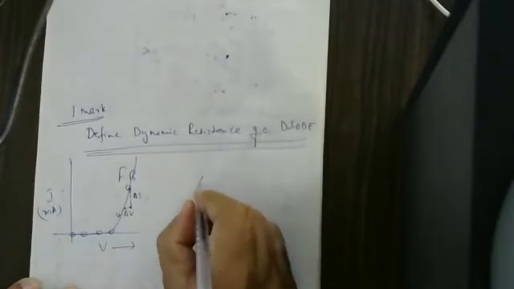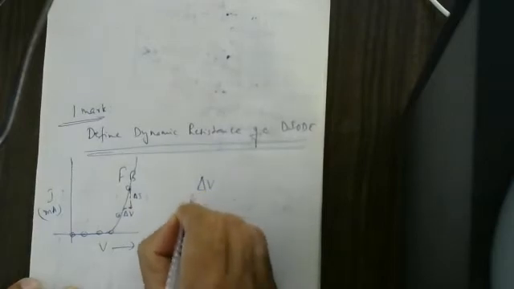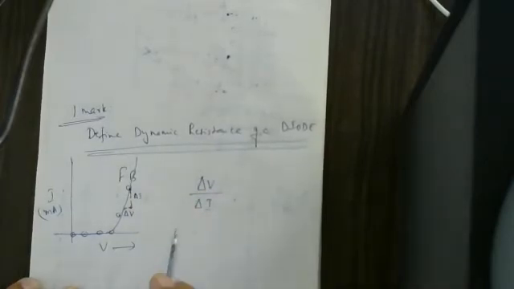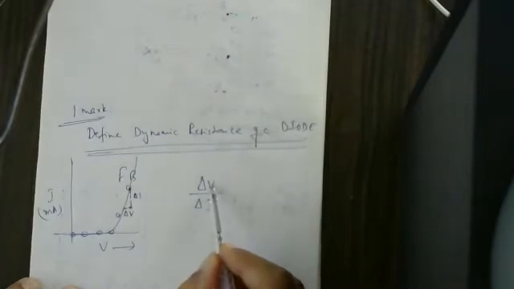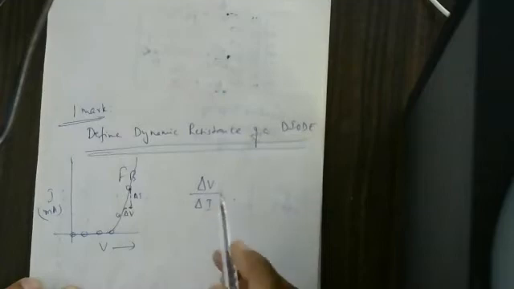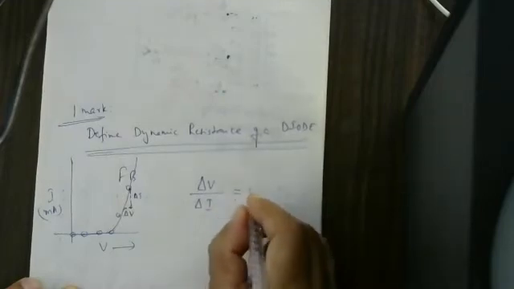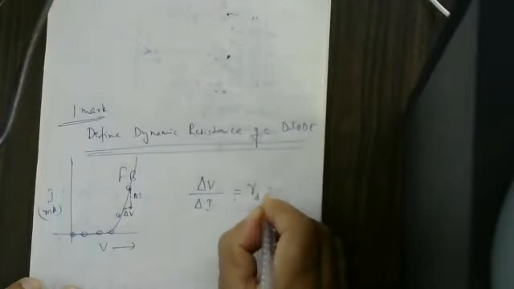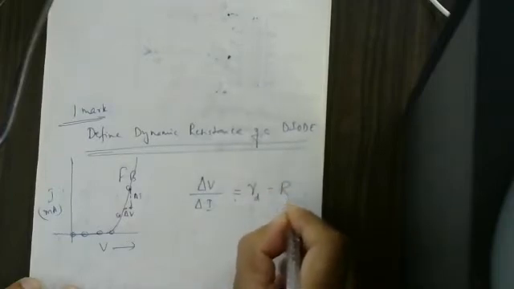The ratio between the small change in the voltage to the small change in the current is called the dynamic resistance. You can write small r suffix d or capital R suffix d, no problem.